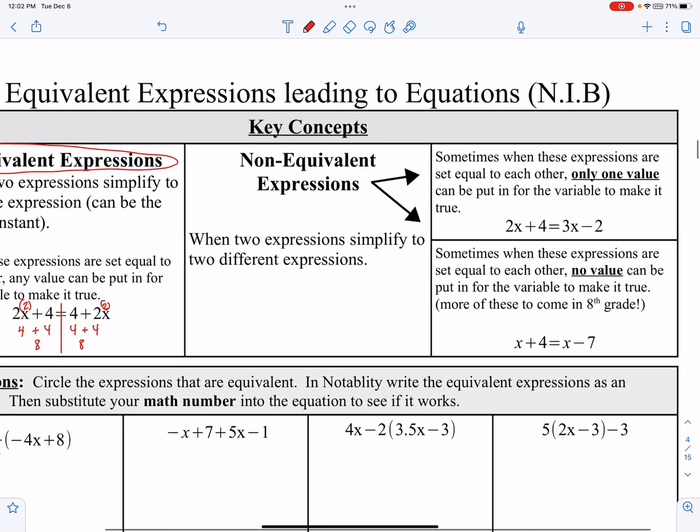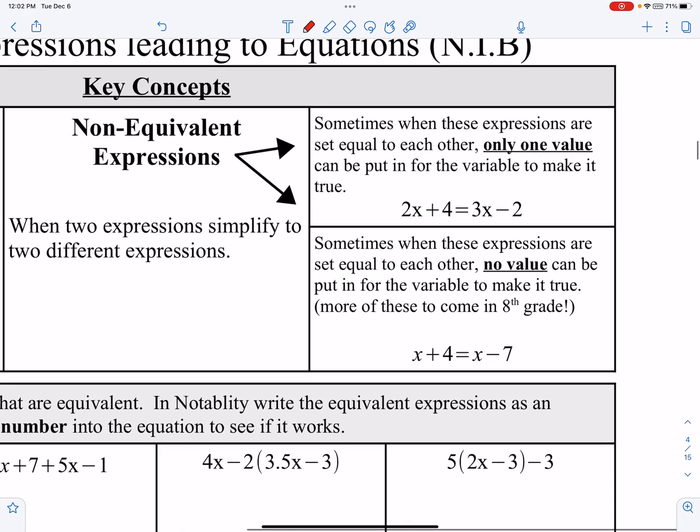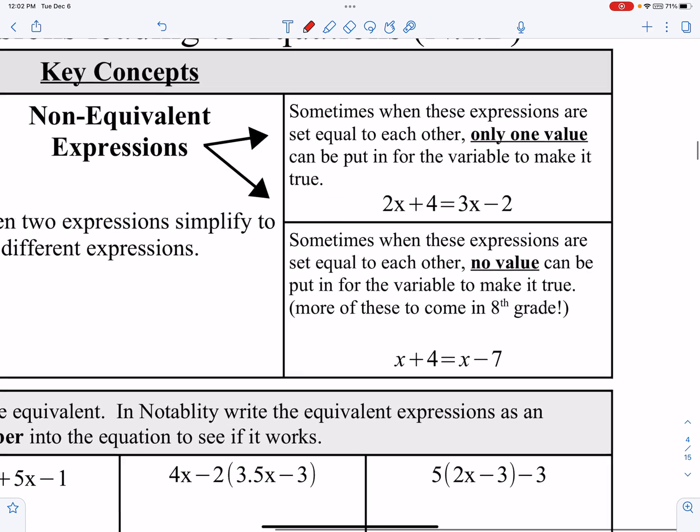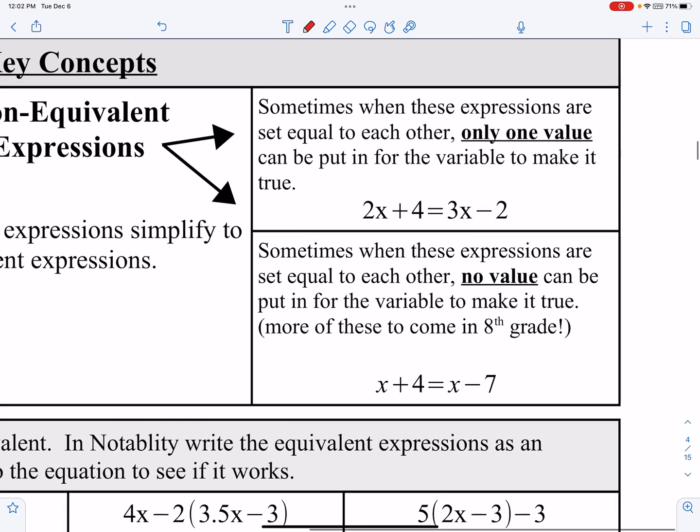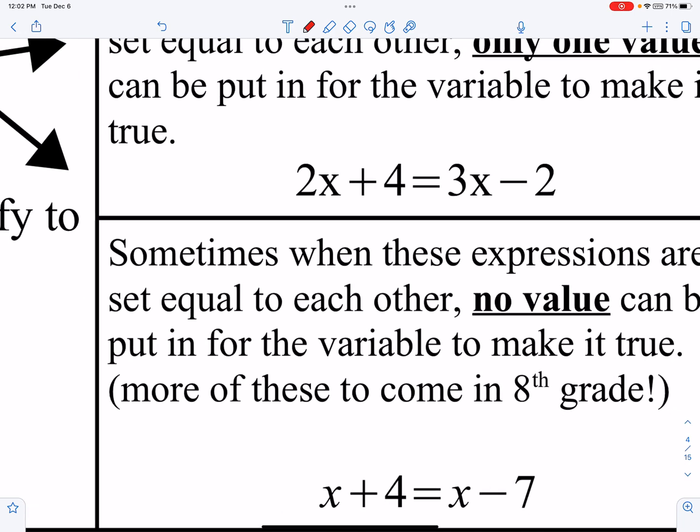Now, there are other situations like these non-equivalent expressions. So you have two types. Sometimes only one value for x works, and others don't. When we're just testing things out, a lot of times we could just put something simple in like 1. I don't have space below, so I'm going to go above here. 2 times 1 is 2, plus 4, 3 minus 2, and I end up with 6 equals 1, so that's not equal.